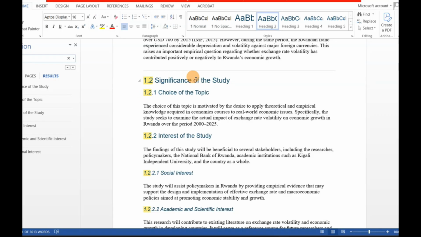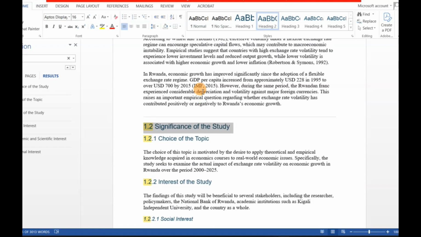So the significance of the study can't be a heading. A heading should be a normal heading. This heading should be used for starting chapter 1, not for the subtitle.